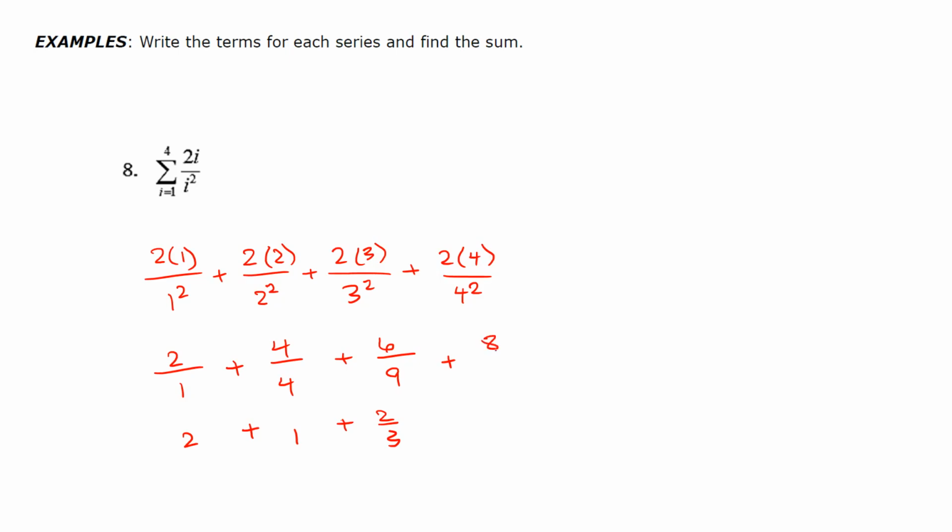And we'll have 8 divided by 16, that equals 1/2. Okay. So when we add all of these values together, we will have 25 over 6 as the summation of all the first 4 terms in this series.